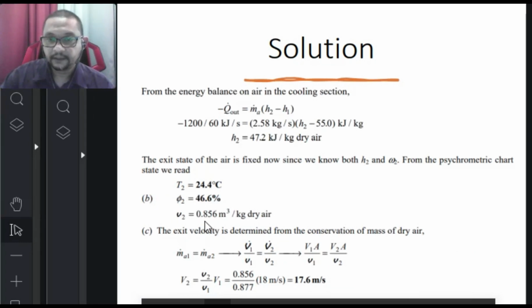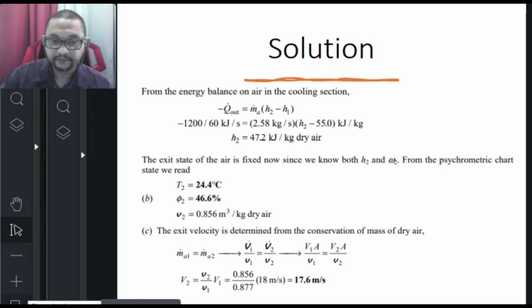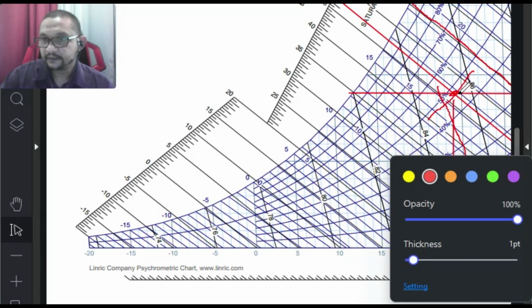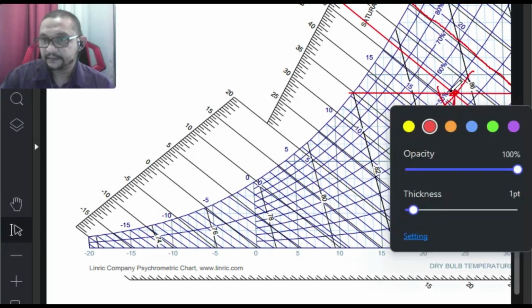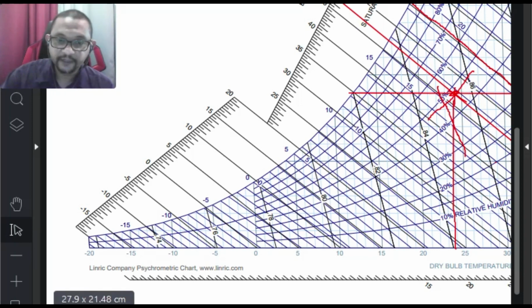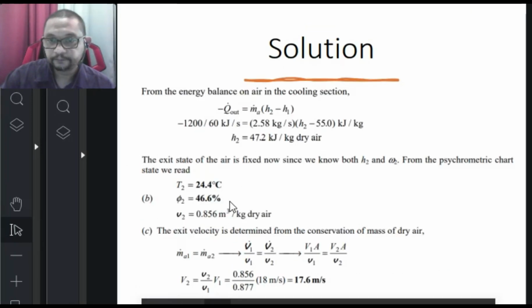And the specific volume is 0.85. How did I get 0.85? This is 0.84, 0.86, and in the middle of these two lines is 0.85, and the exact value at this intersection is 0.856 meter cubed per kilogram dry air.